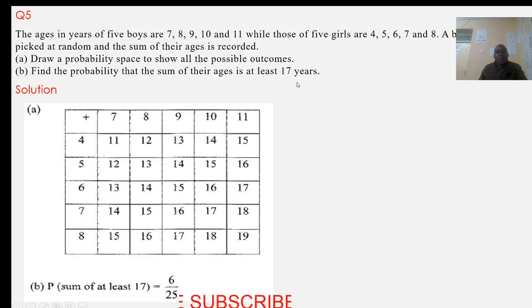So the sum of at least 17 will be 17 here, 1, 2, 3, 4, 5, 6. It will be 6 out of the total, which is 5 times 5, which is 25. The sum of at least 17 is 6 out of 25. That is the probability of getting the sum of their ages to be at least 17.